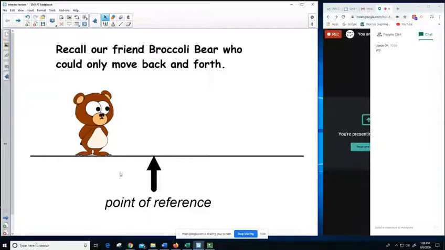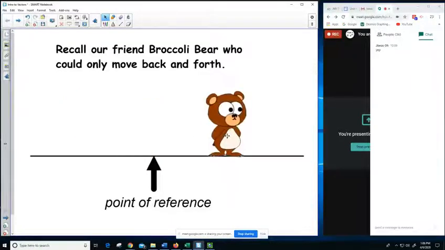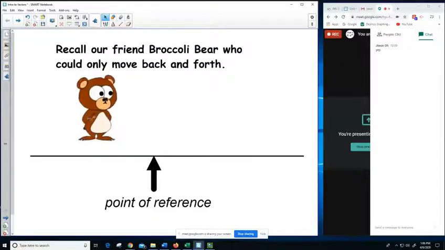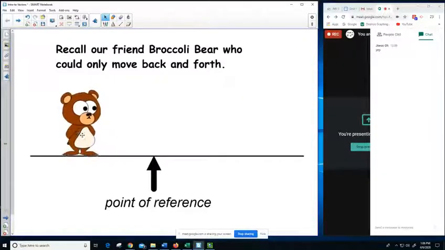But if we wanted to talk about how far he was from the reference point, that's just given by some positive number. And it didn't matter whether he was 3 meters from the reference point on this side or 3 meters from the reference point on that side. The distance away, again some positive number, just described how far he was from the reference point.